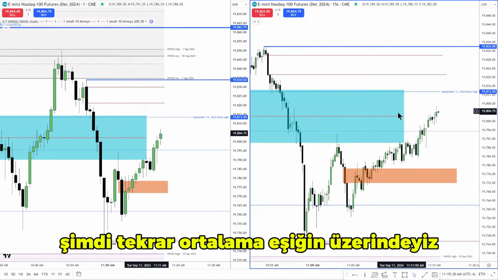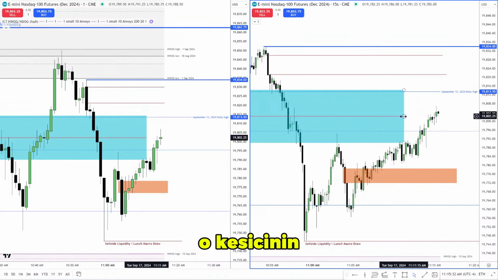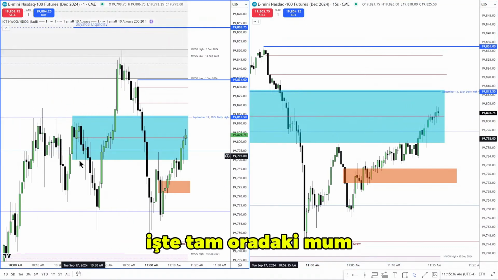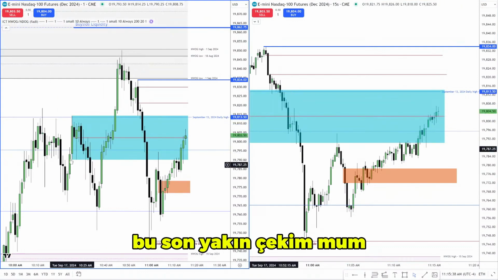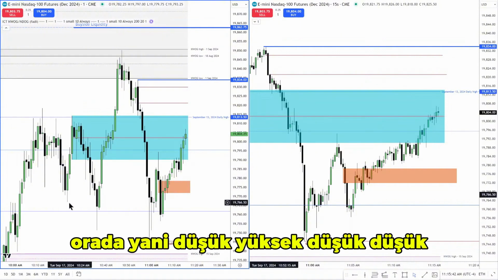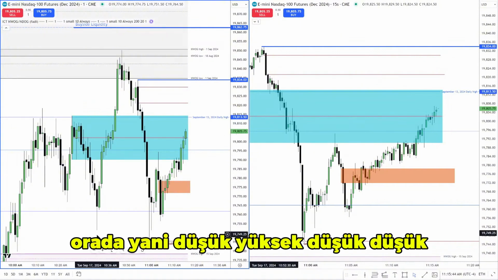All right, so now we're back above the mean threshold of that breaker over here. That's this candlestick right there. It's the last up close candle right before the drop down to a lower low. So it's a low, high, lower low.